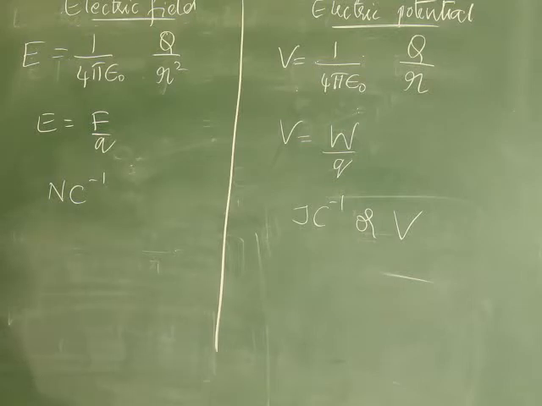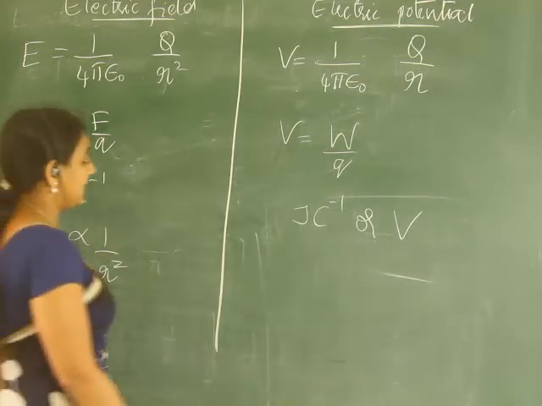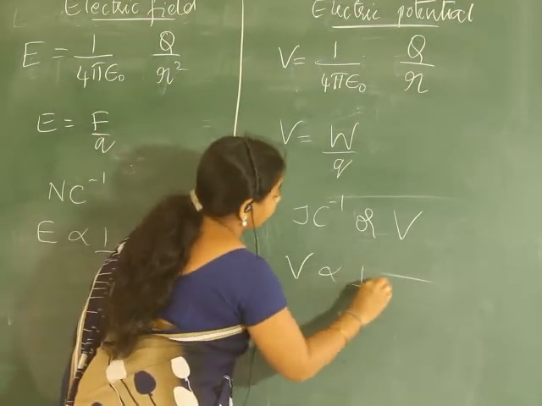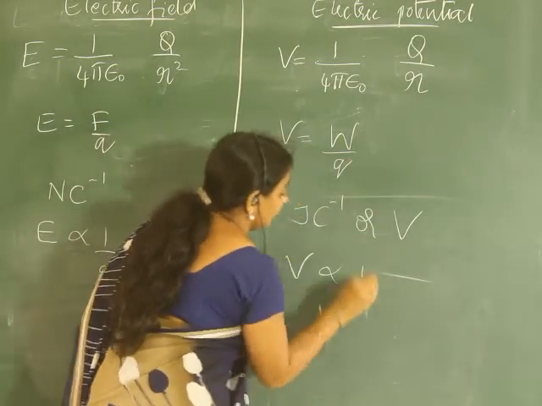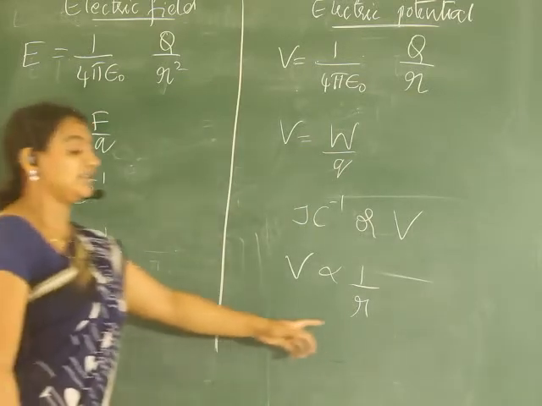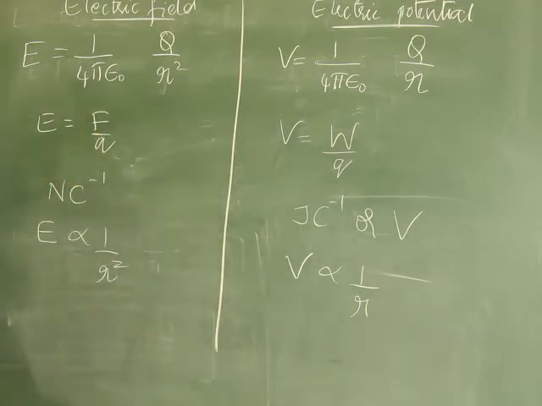Here electric field or electric intensity is inversely proportional to the square of the distance, whereas electric potential is inversely proportional to the distance. It is not the square of the distance.